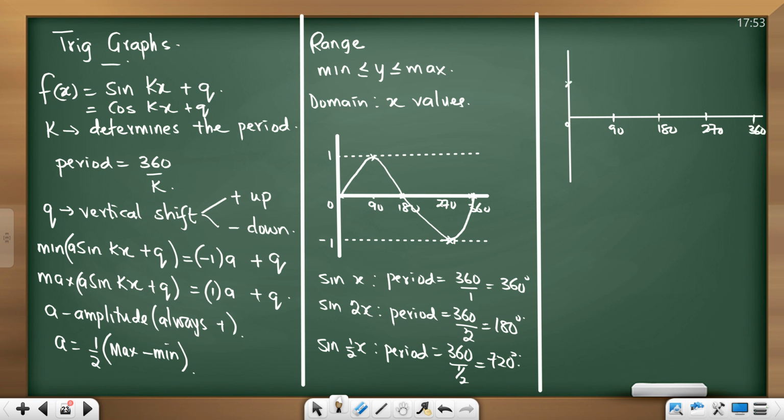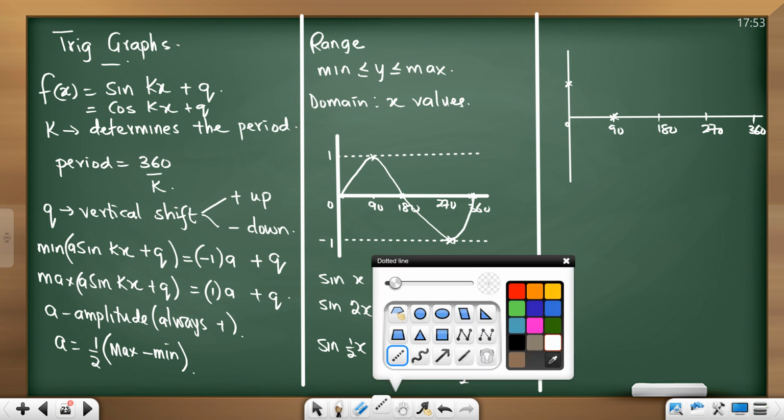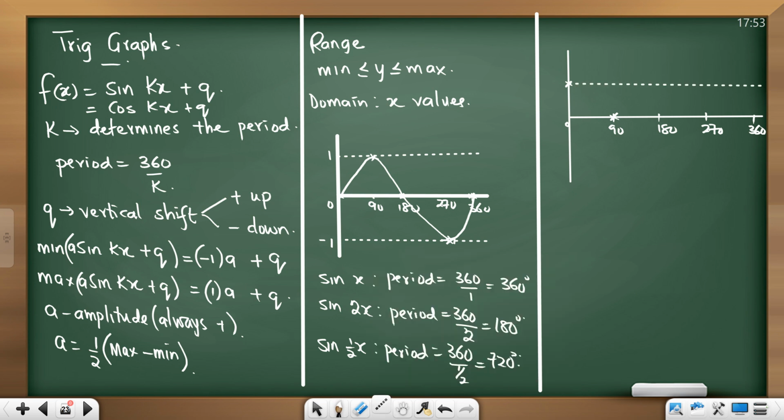Cos 0 is 1, cos 180 is negative 1, and cos 360 is 1.